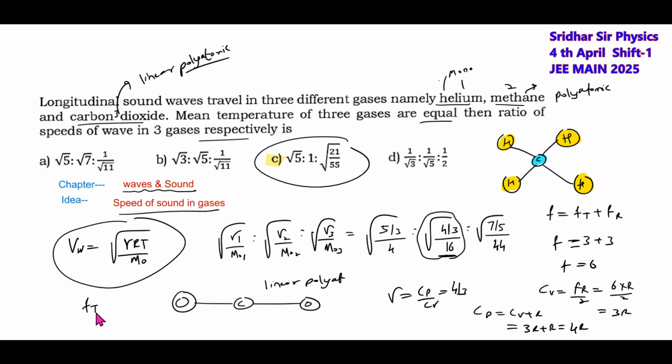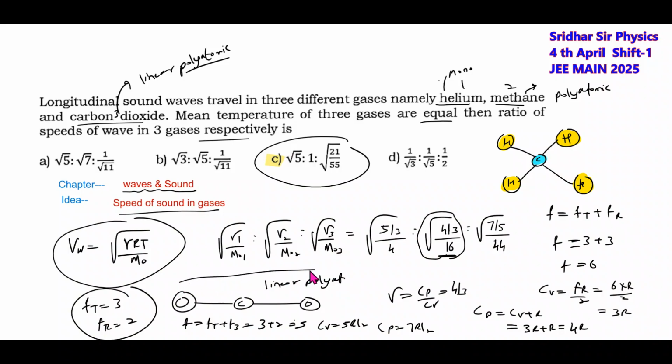How many degrees of freedom? 3 translational, 2 rotational, so it will be similar to diatomic. Total degrees of freedom will be 3 plus 2, which is 5. So Cv will be 5R by 2, and Cp will be 7R by 2. This is about carbon dioxide.